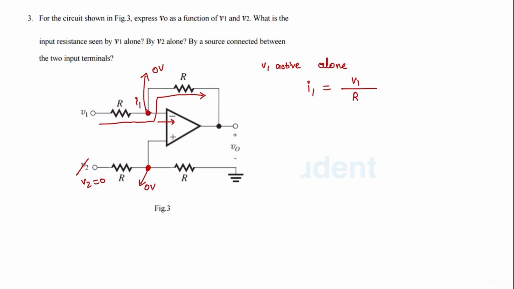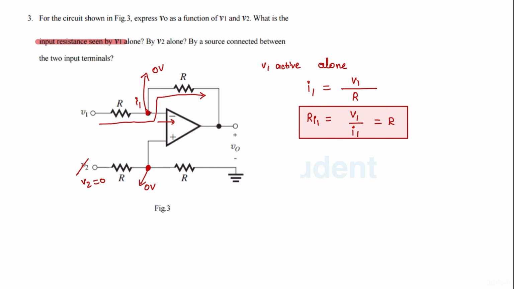So this current I1 is nothing but V1 over R. The input resistance seen by V1 alone is V1 upon I1, which is nothing but R. So this is the answer for the second part of the question.